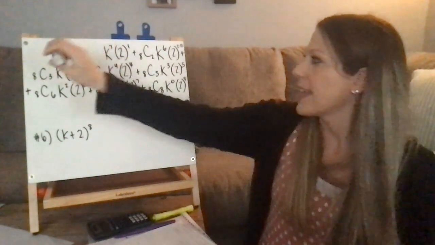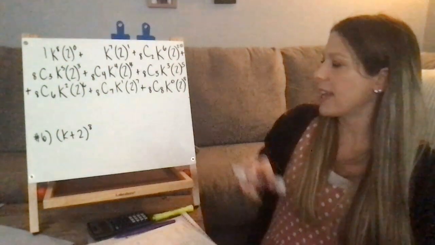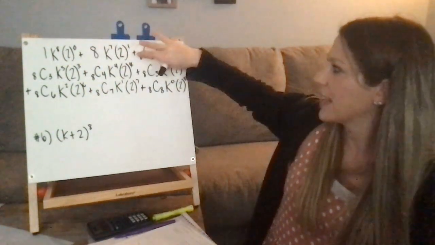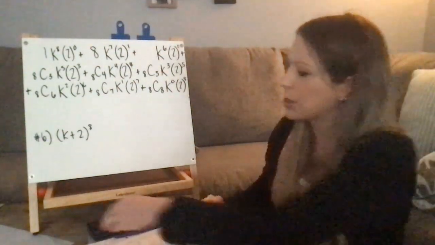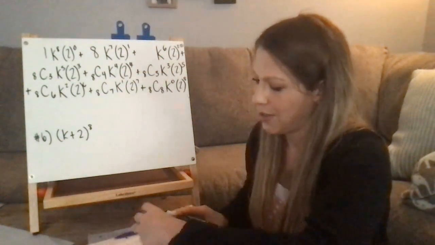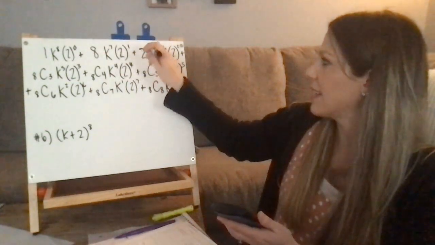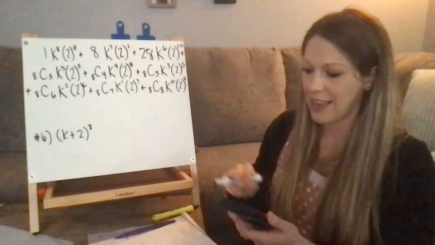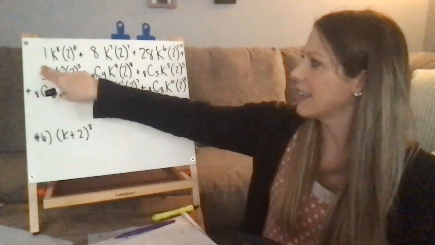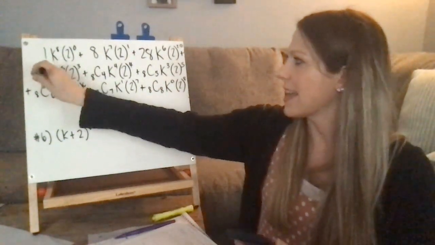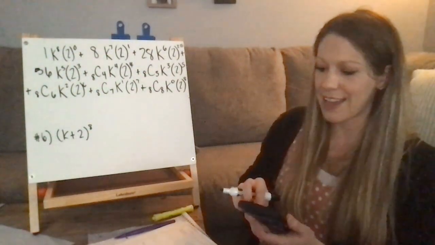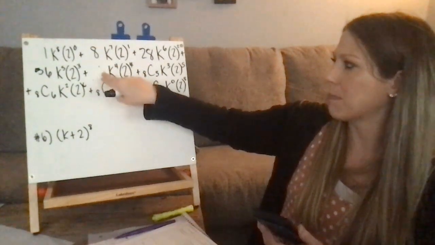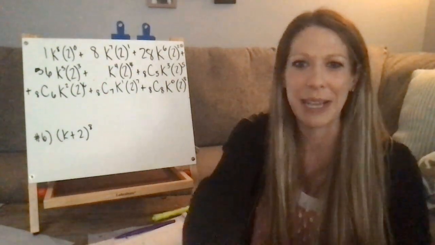So 8 choose 0 is 1. 8 choose 1 is 8. 8 choose 2 is 28. 8 choose 3 is 56. 8 choose 4 is 70. I should probably just pause the video and fill these in real fast.